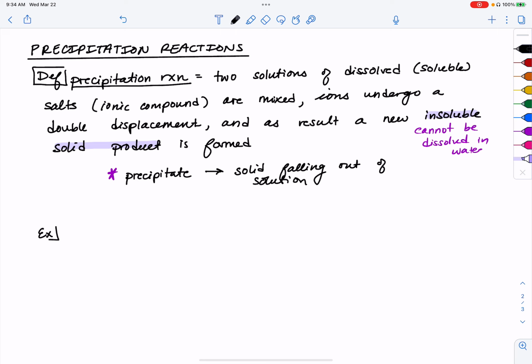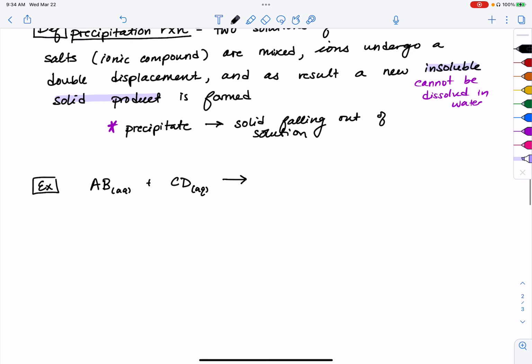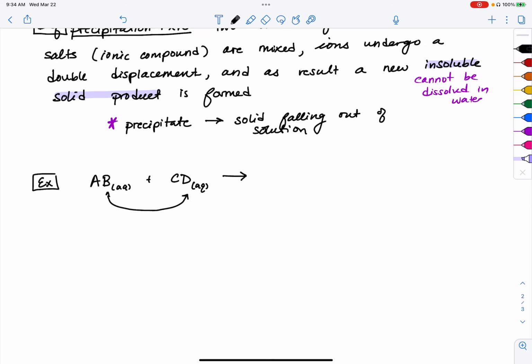So for example, if we were to look at our general reaction of AB aqueous reacting with CD aqueous, then as a result of the double displacement between our anions B and D, I would have potentially AD and CB products, and one of these may be insoluble in water.